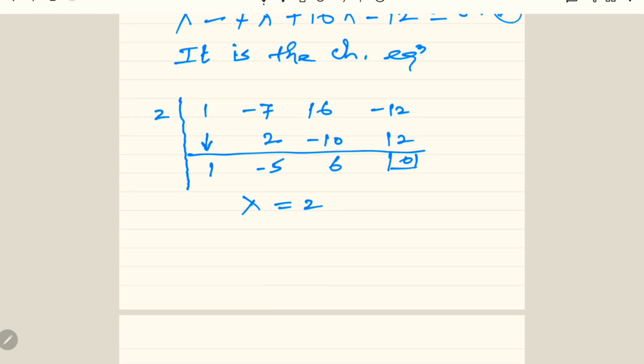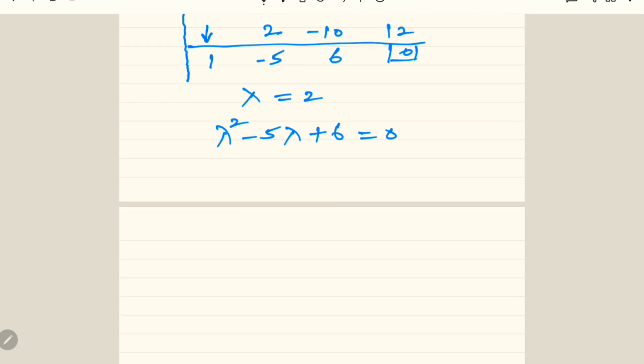And if we remove the one factor from that cubic equation, the remaining factor is of order 2, therefore it is lambda square minus 5 lambda plus 6 equals 0. Then we have to obtain the factors of 6 such that the product must be 6 and the sum must be minus 5.